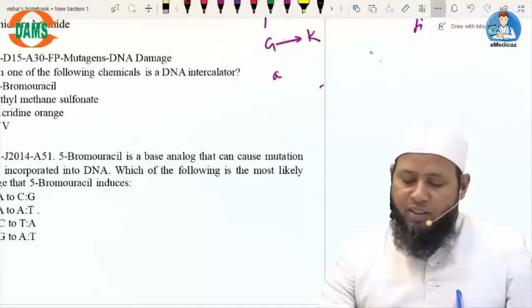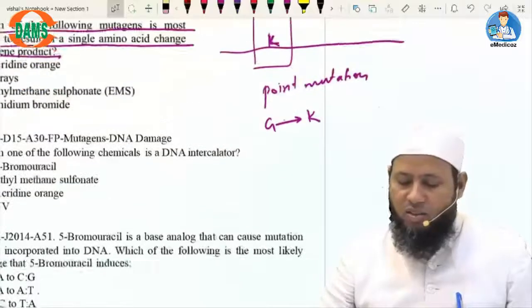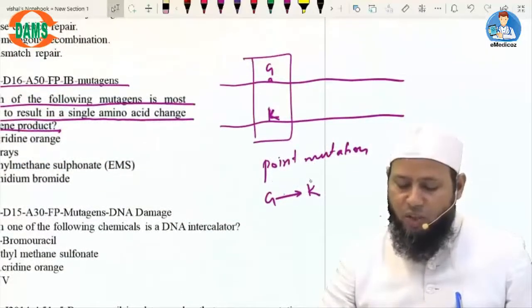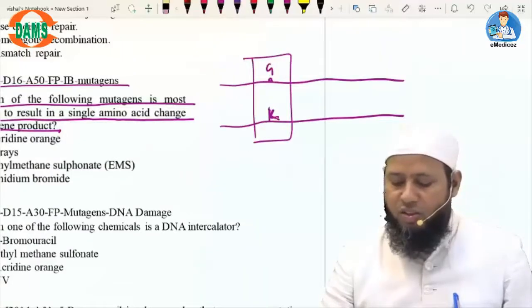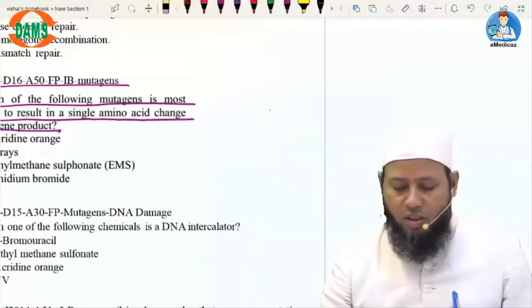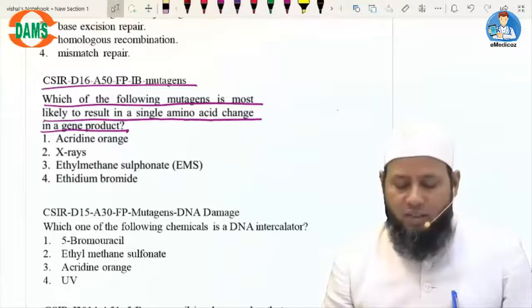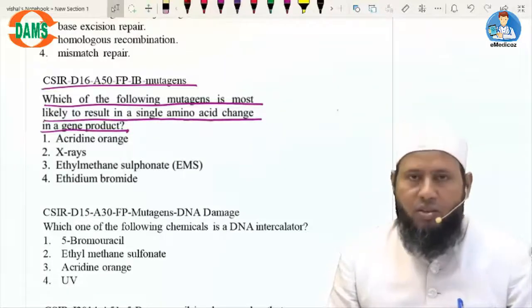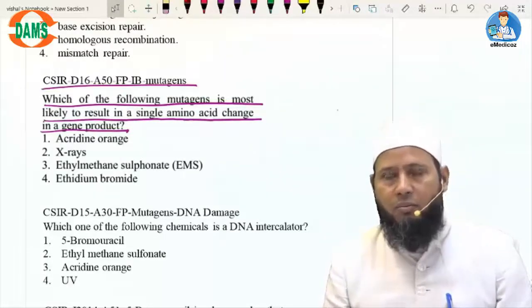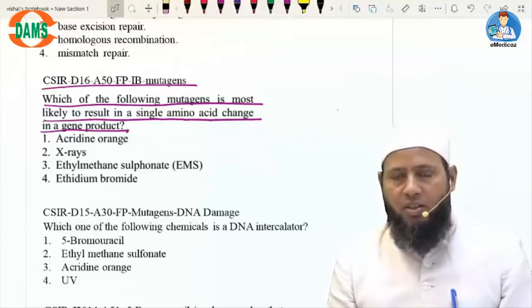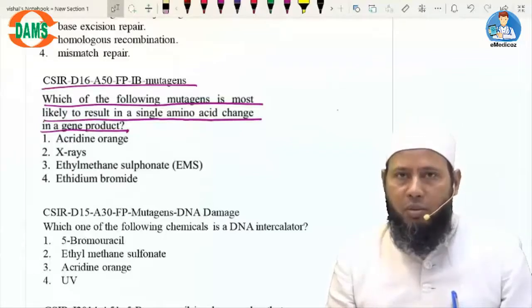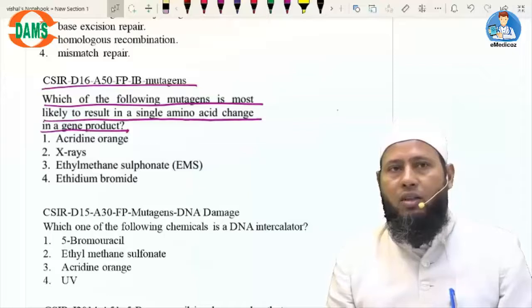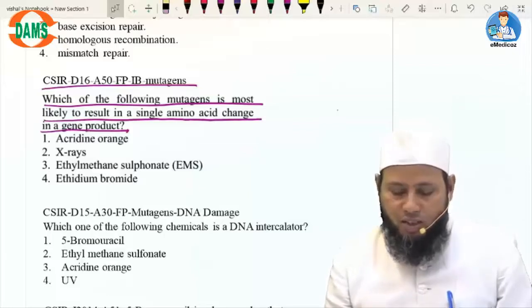As we discussed last time, point mutations are generally due to transition and transversion kinds of mutation, and these are generated by methylation, deamination, and the oxidation and reduction processes.